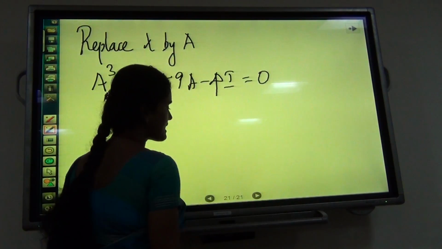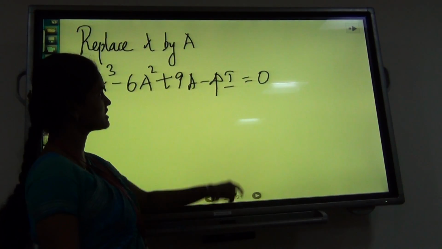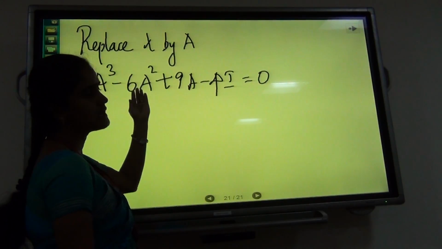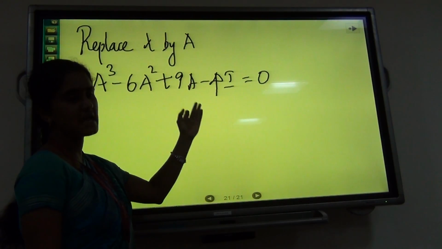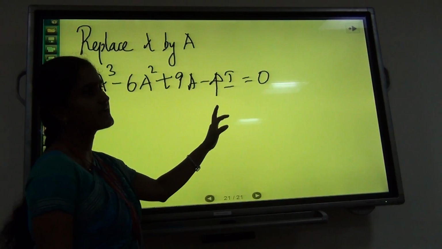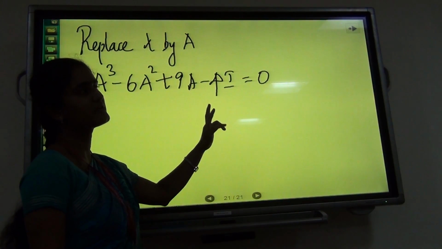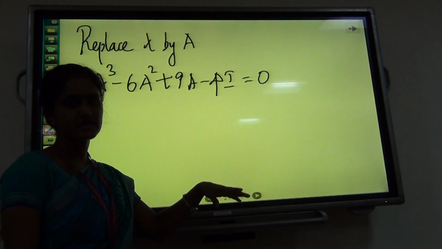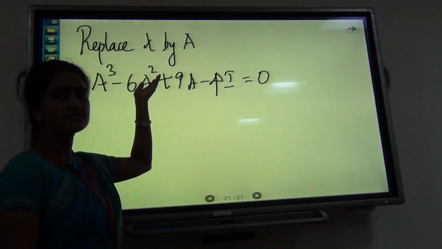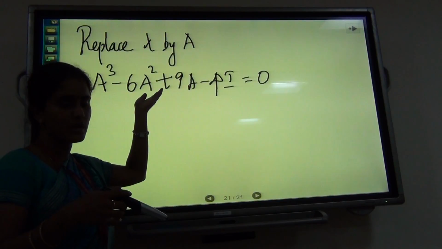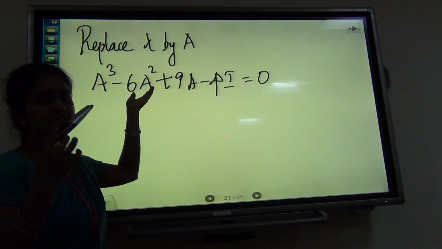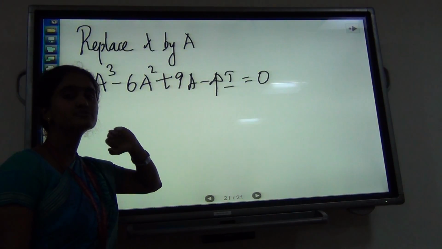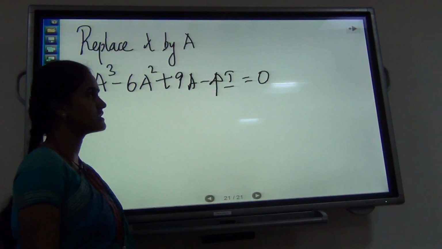In matrix form, the constant 4 becomes 4I, where I is the identity matrix. So we need to check whether A cube minus 6A square plus 9A minus 4I is equal to 0 or not. If it is equal to 0, then we can say every square matrix satisfies its own characteristic equation, and we will have proved the statement of the Cayley-Hamilton theorem.